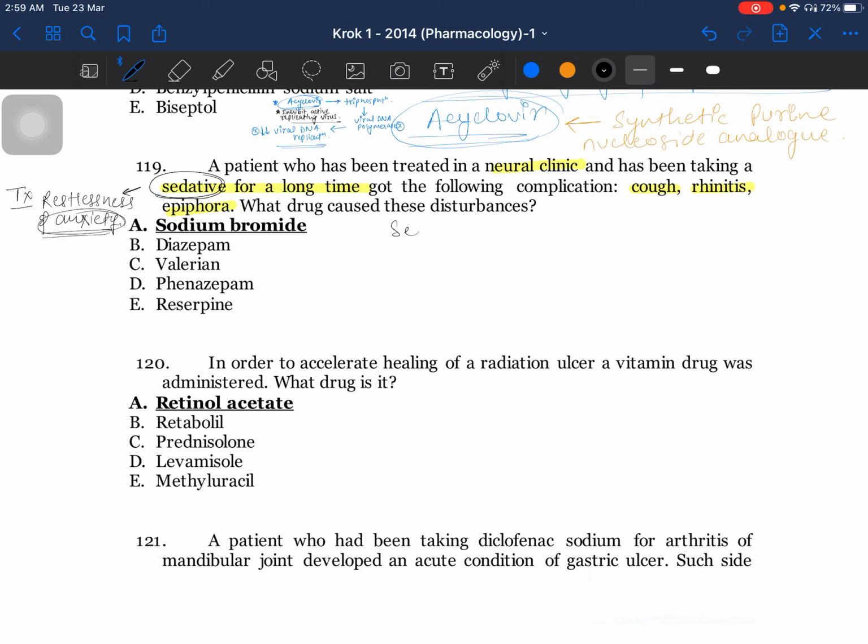Now these sedatives are basically divided into four groups. We have non-organic preparations, vegetable preparations, metabolic sedatives, and combined preparations.